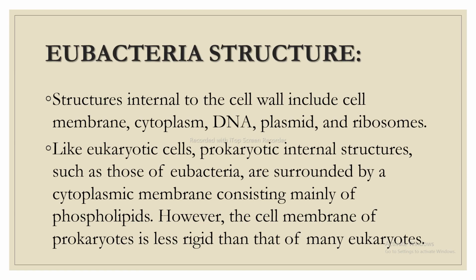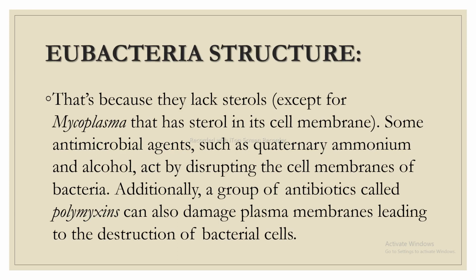However, the cell membrane of prokaryotes is less rigid than that of many eukaryotes. That's because they lack sterols, except for the mycoplasma, which has sterol in its cell membrane. So some antimicrobial agents, such as quaternary ammonium and alcohol, act by disrupting the cell membranes of bacteria.